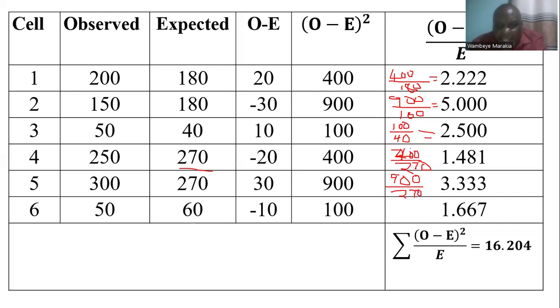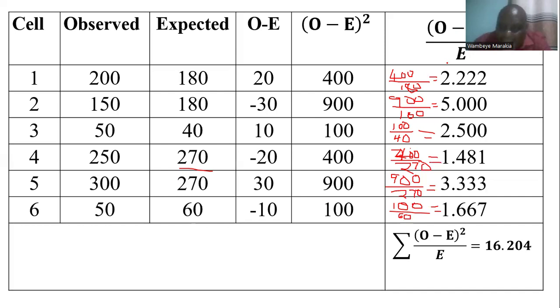You get 3.33. Then here we have 100 all over 60, which is the expected. So you get 1.667.